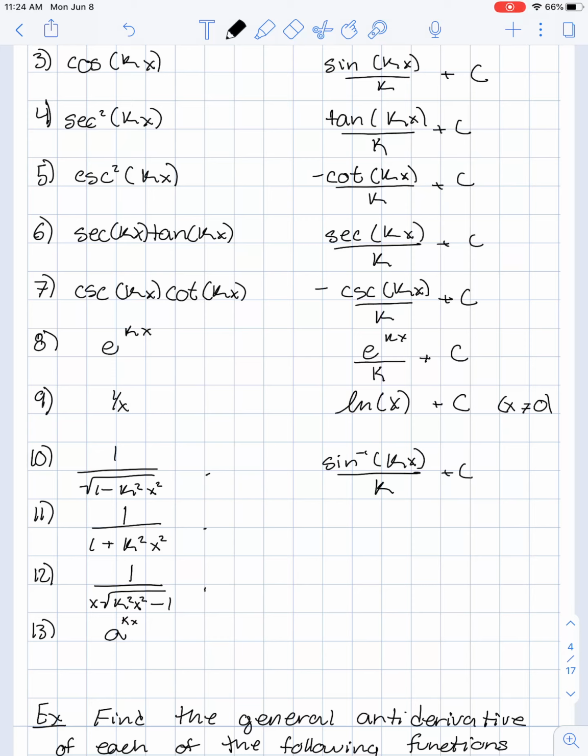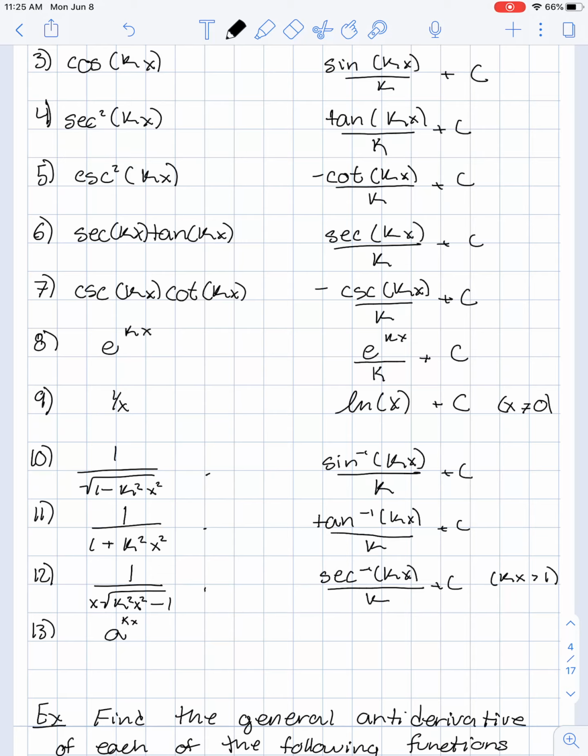1 over 1 plus k squared x squared is going to be the derivative of arctangent, or tangent inverse, however you like to say it, of kx divided by k. 1 over x times the square root of k squared x squared minus 1 is going to be the derivative of secant inverse of kx over k plus c, and in this case kx is greater than 1.